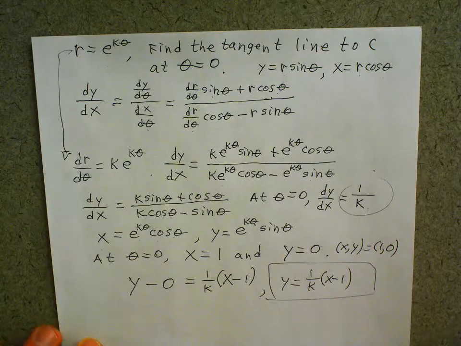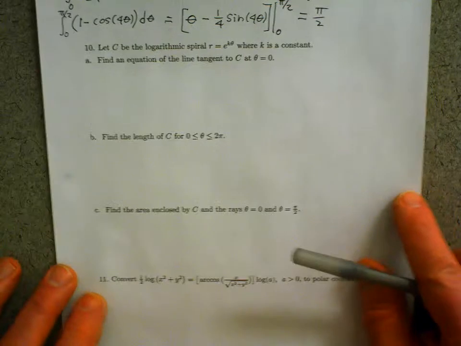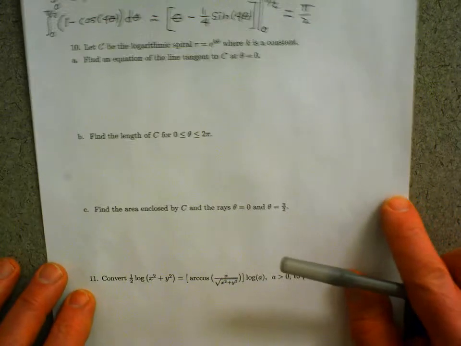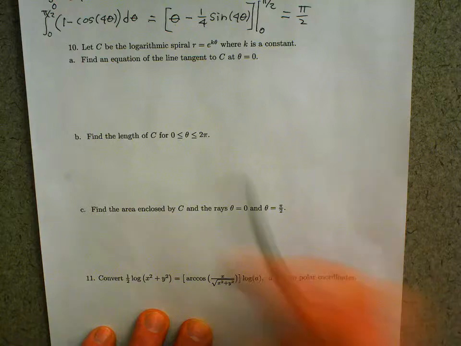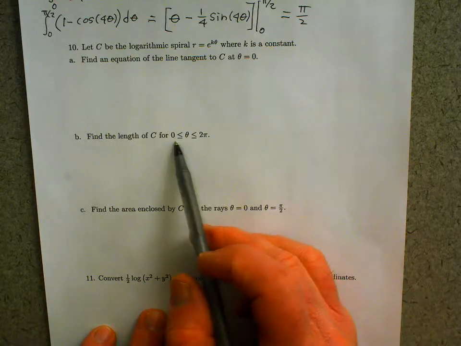Okay, let's do part B of number 10. I think we have enough space for part B. Find the length of C for values of theta between 0 and 2 pi.